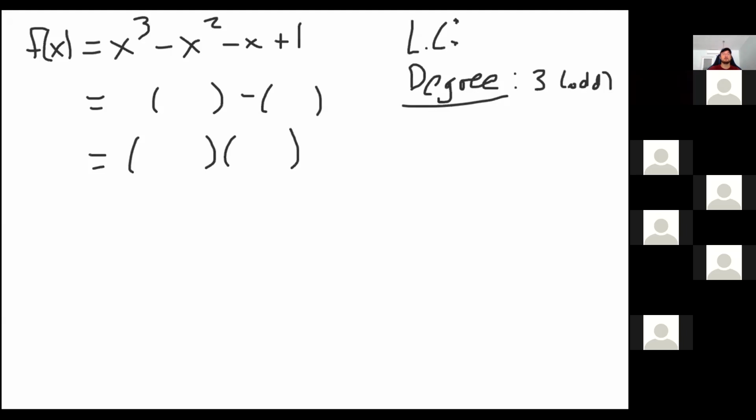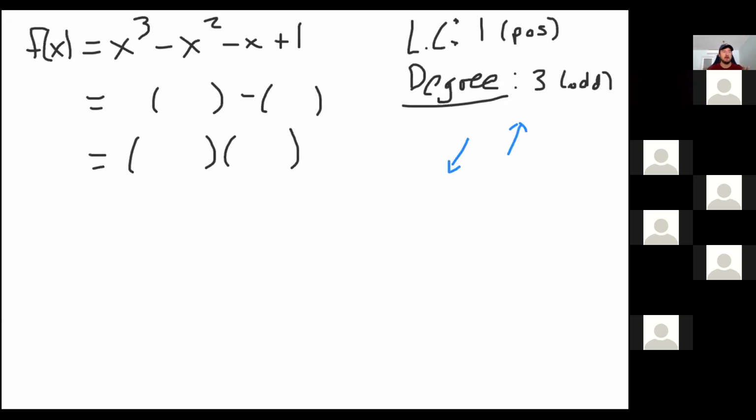And my leading coefficient for the x cubed term, well, I don't see it being multiplied by anything, which means I'm actually multiplying by 1, which is a positive number. And if I have an odd degree and a positive number, that means my end behavior should look like this. Traveling down and to the left after I've dealt with all of my roots, and then traveling up and to the right after I've dealt with all of my roots. So I know those are what my tails are going to look like.